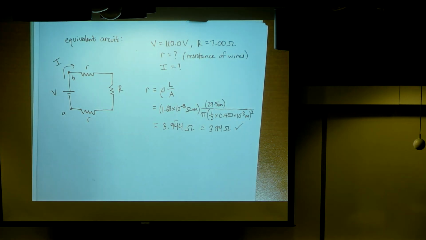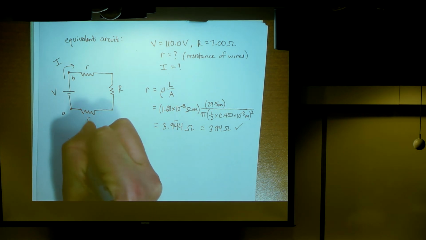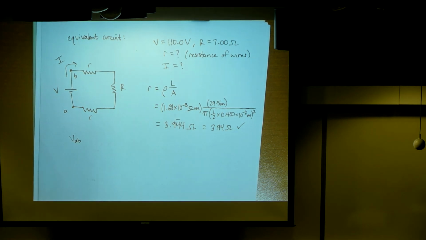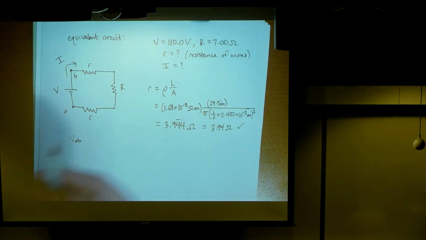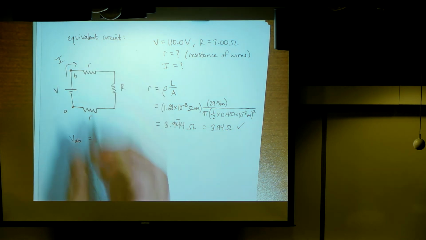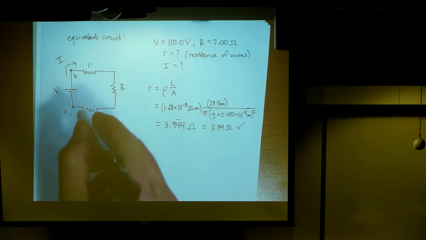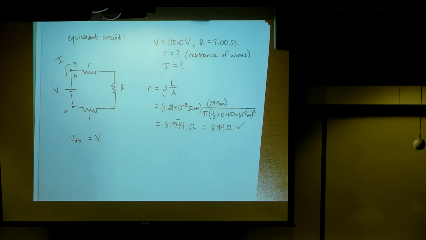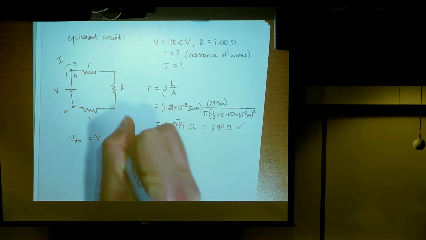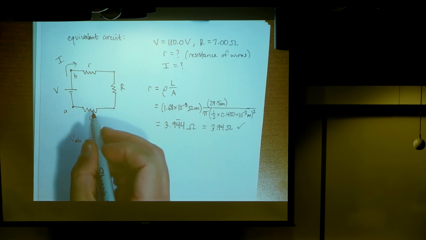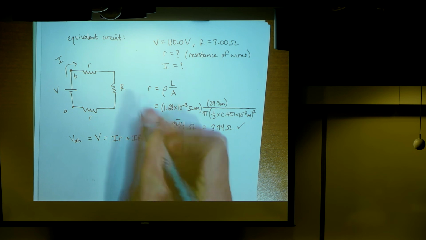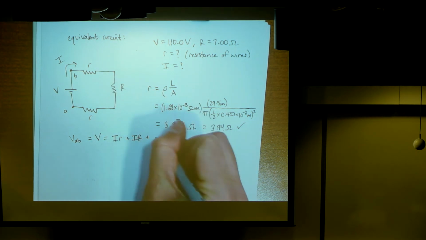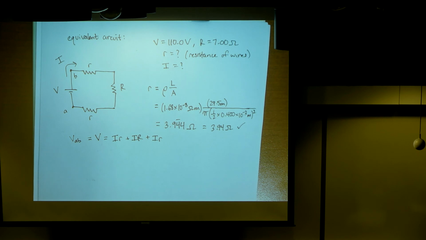Let's take 2 points on the circuit, which I'm labeling A and B. The voltage going from A to B doesn't depend on the path we take, so I could just go across the voltage source, and that potential difference would just be V, or I could go across all three resistors, in which case I have I times little r for the first resistor, going against the current is positive, plus I times big R for this one, and then plus another I times little r for that one.